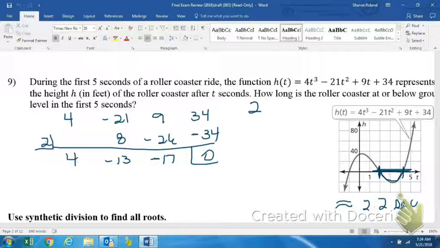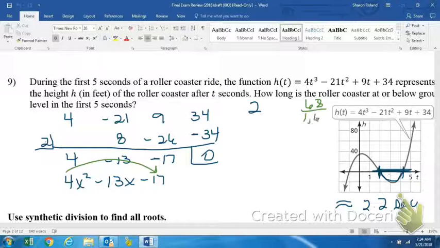Okay, so this is your remainder. Your new equation is 4x squared minus 13x minus 17. I don't think that factors, but I'm going to check first. It actually does factor, so we're multiplying 4 times 17, and you'll get 68.